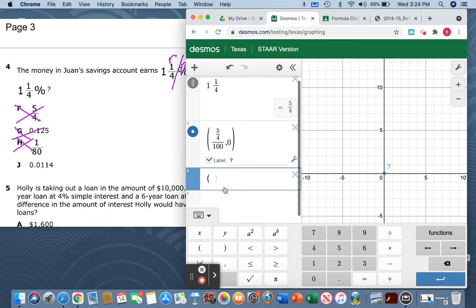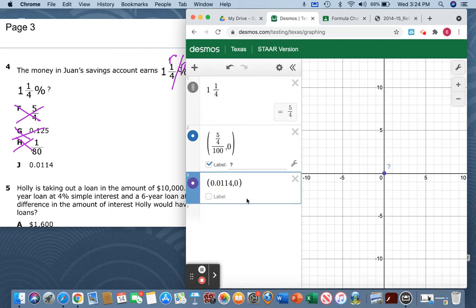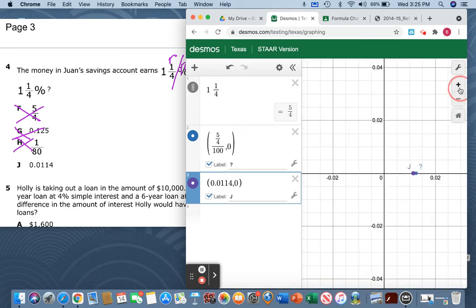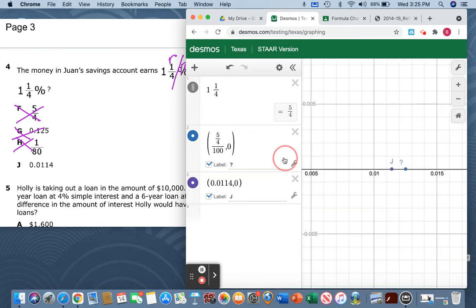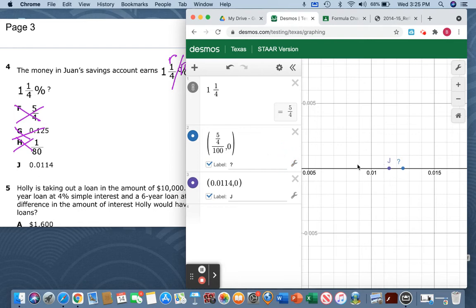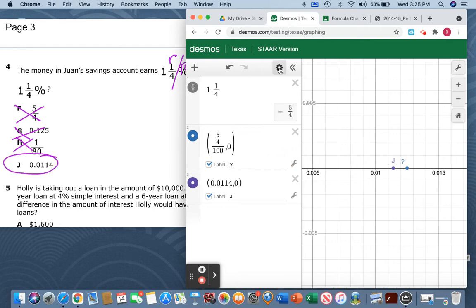And then 0.0114, 0. And I'm going to label this as J. And we're in zoom. Oops. And J is less than. So yay, we were right. J was closer to 0.